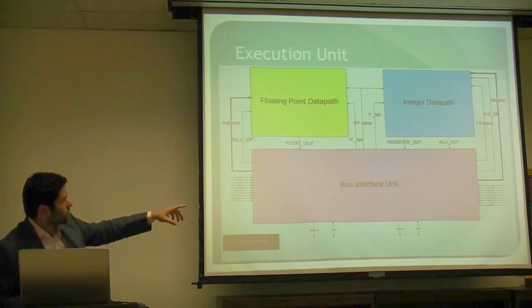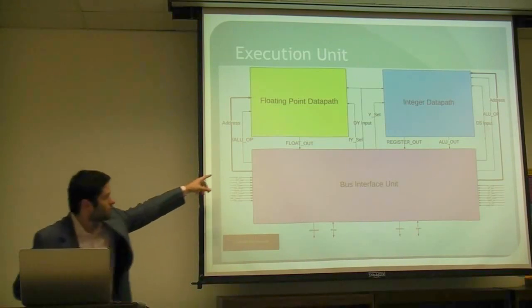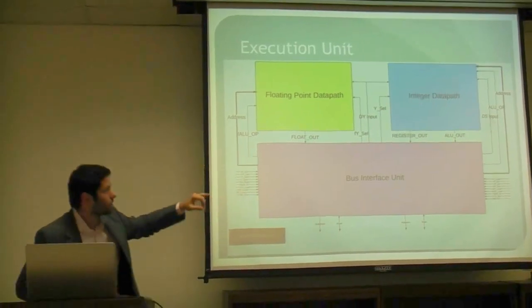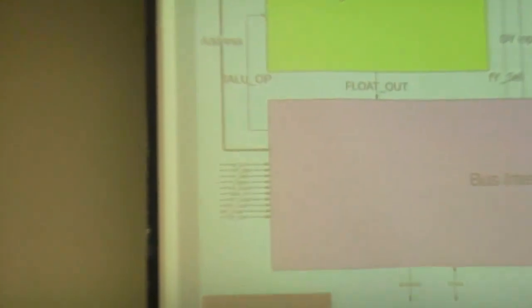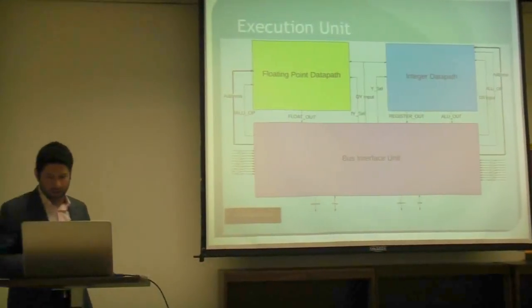And we have control addresses over here and over there that direct which addresses we're going to be using for the particular operations. We also have different select methods to allow a value coming straight from memory to go straight into the data path registers. That's our Y select and FY select.